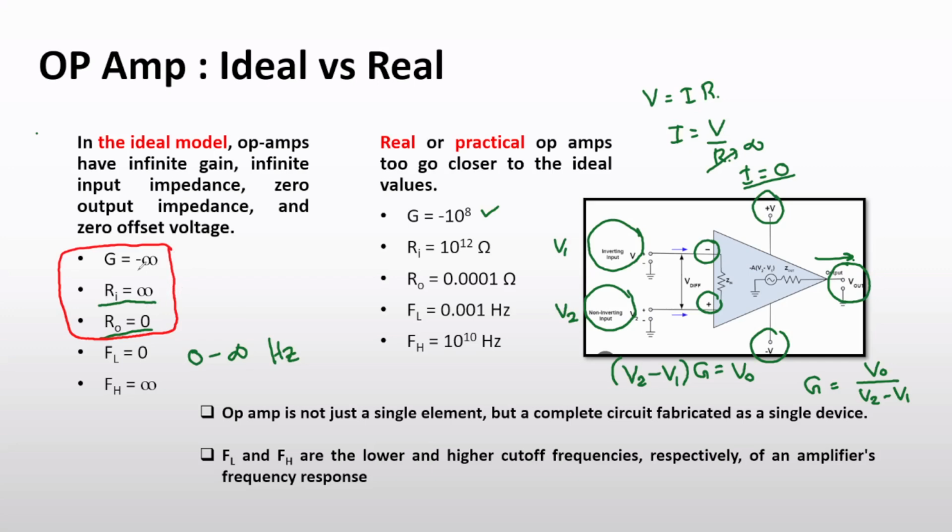Actually, this gain is given for the open loop. Let's discuss what open loop and closed loop are in advance, but for now you should know this gain is for an open loop op amp. Okay. Now let's move to the next part.